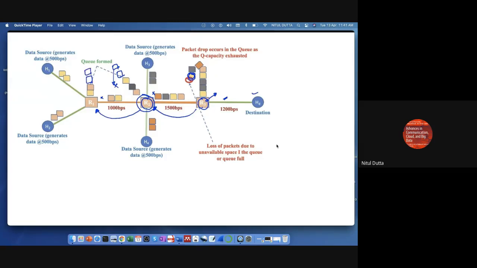Then R1 can send the same information to H1 and H2, because there is packet loss in R1, and they are requested not to send data till the queue in R1 is cleared. The same thing will propagate in the reverse direction and we can control the congestion.